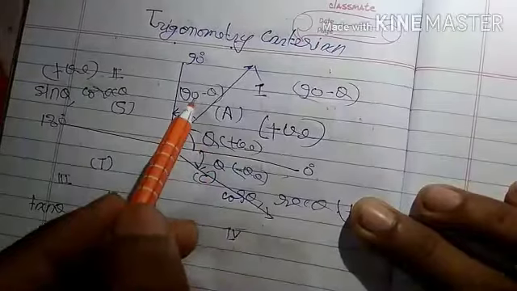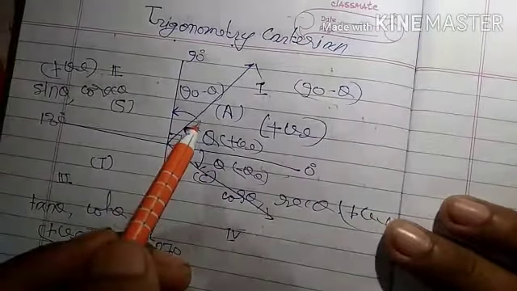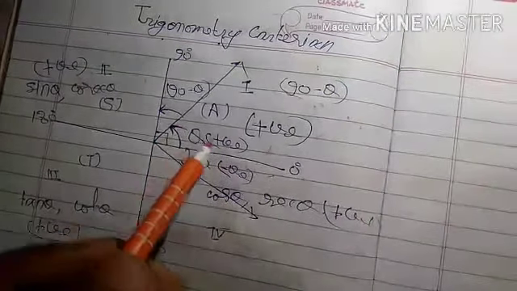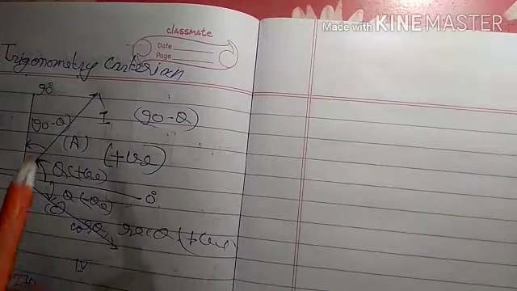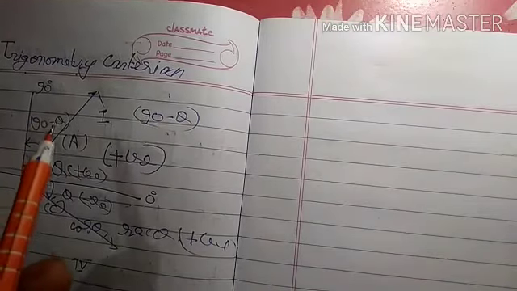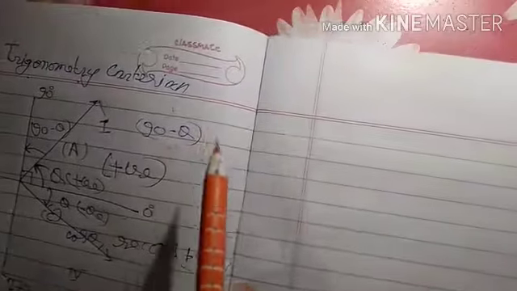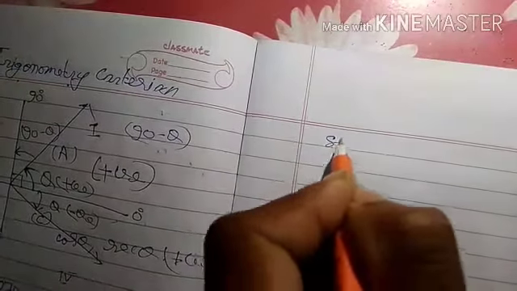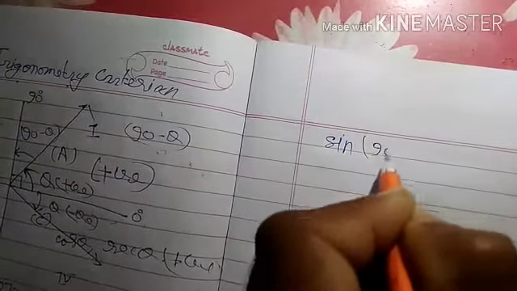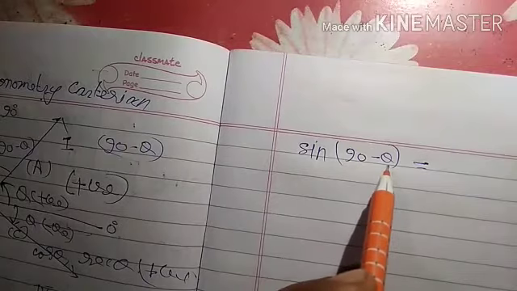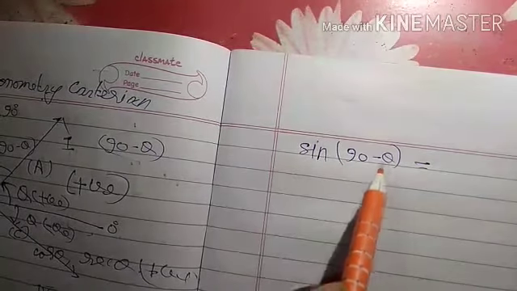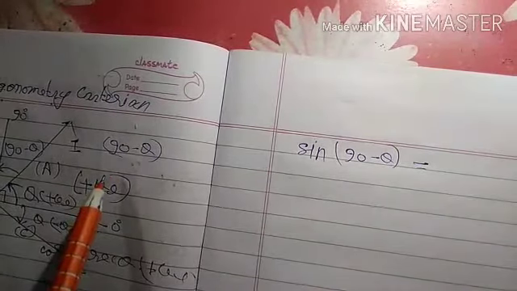So for 90 minus theta, we find out the values of all functions. We know that the change is allowed only at 90 degree and 270 degree, that is the vertical line. So sin of 90 minus theta is, with 90 minus theta in the first coordinate.